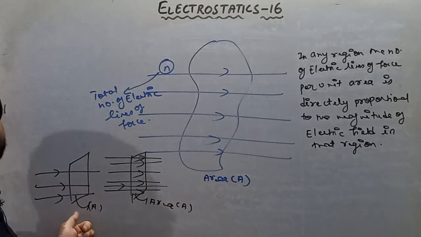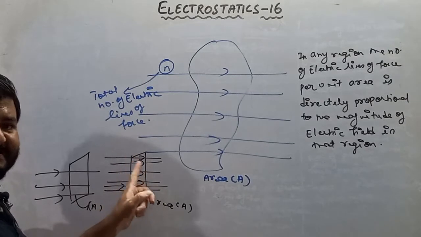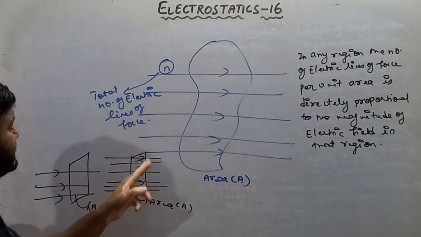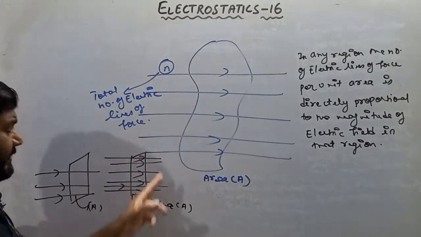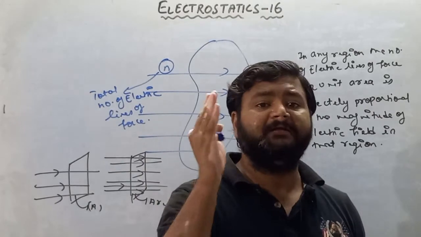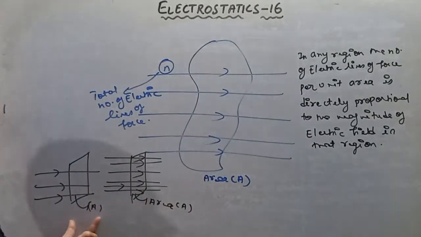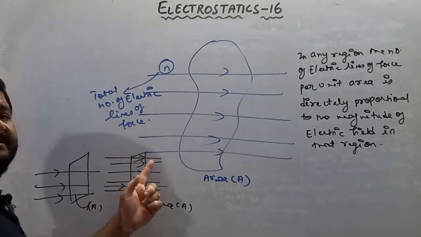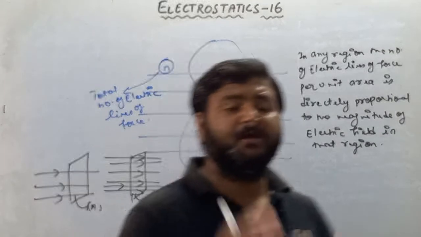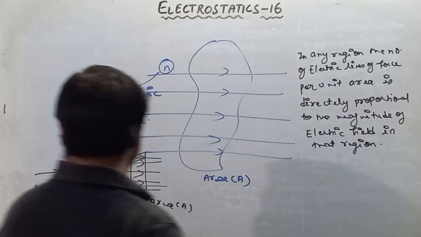If the area is the same, then from 1 meter square in this region and 1 meter square in the other region, it is obvious that more electric field lines pass through unit area here, because more lines of force are present in this situation compared to the other.